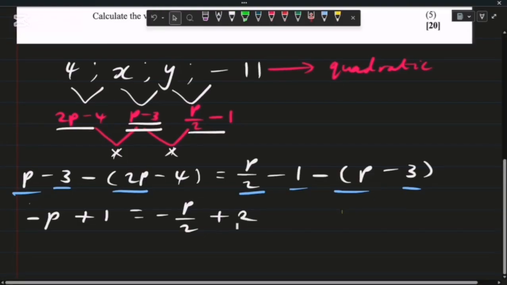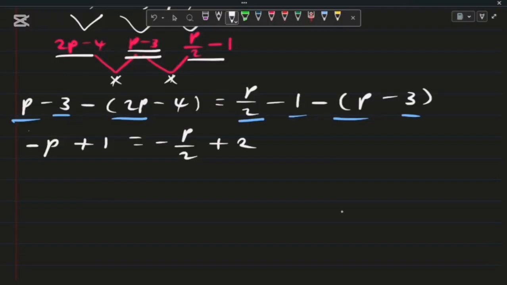And then we can collect all the p's on one side: p over 2, and then 2 minus 1. Negative 1 plus a half is negative a half.